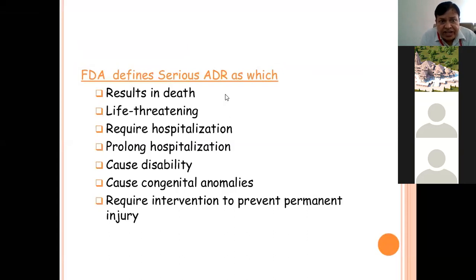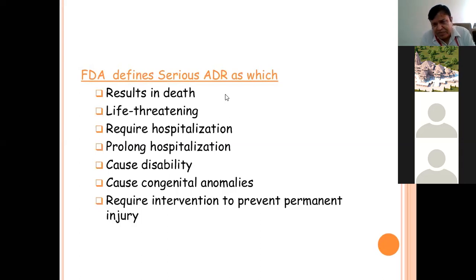Now, FDA defines serious adverse drug reaction as one which results in death, life threatening. If you have pen and paper, please note down. Results in death, life threatening adverse drug reaction, requires hospitalization, prolonged hospitalization, causes disability, causes congenital anomalies.